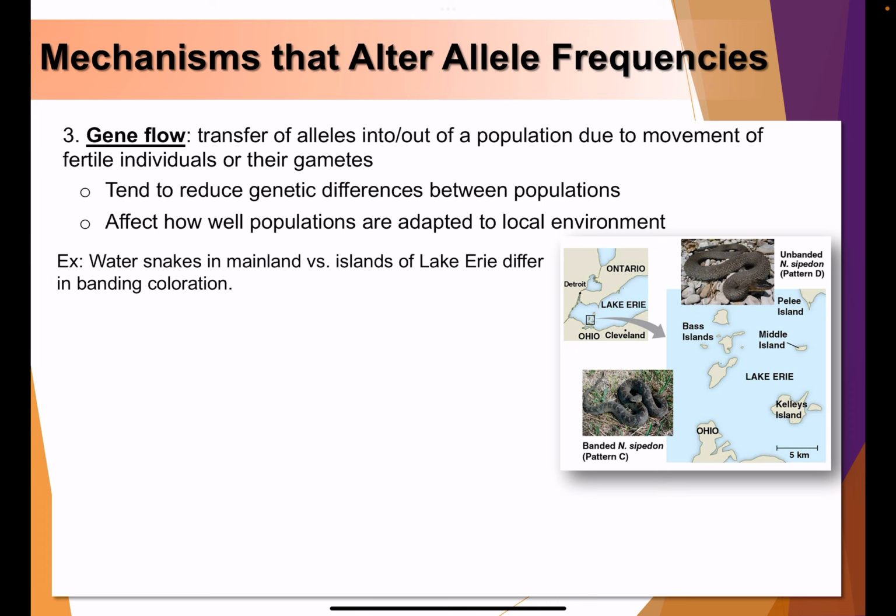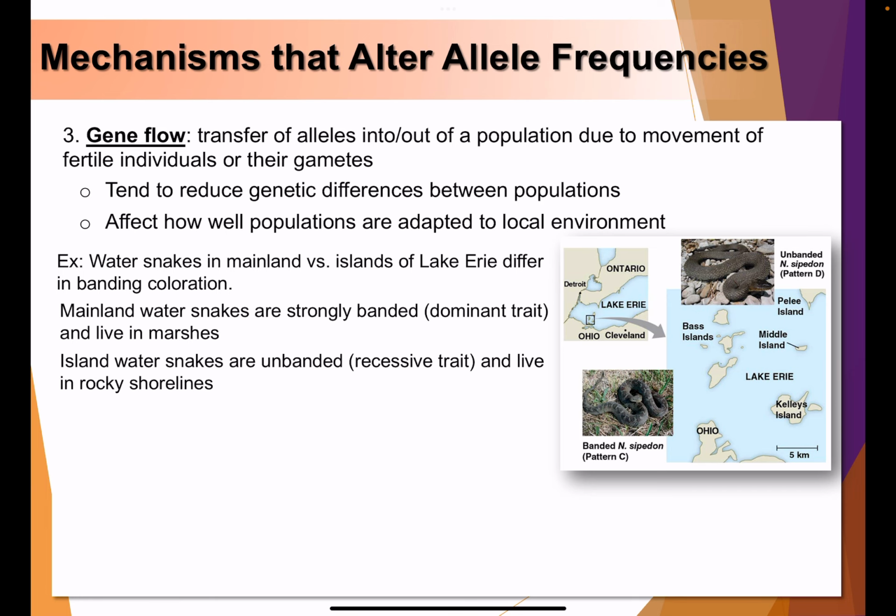For example, water snakes on the mainland versus the islands of Lake Erie, as you can see in this picture here, differ in their banding coloration. Mainland water snakes usually are strongly banded, which is actually a dominant trait, and live in the marshes.